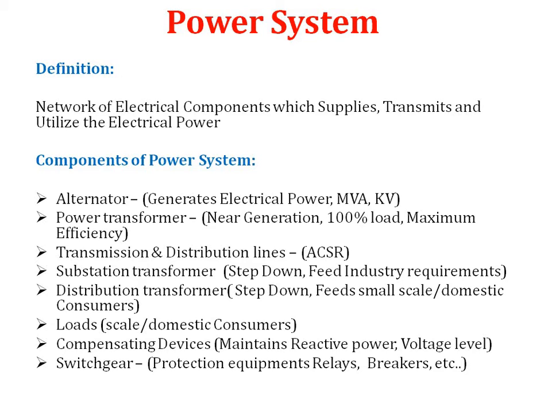Power transformer near generation, 100%, load maximum efficiency. Transmission and distribution lines, that means transmission line conductor, ACSR. Substation transformer, step down, industry requirement. Distribution transformer, step down, small scale and domestic consumers.